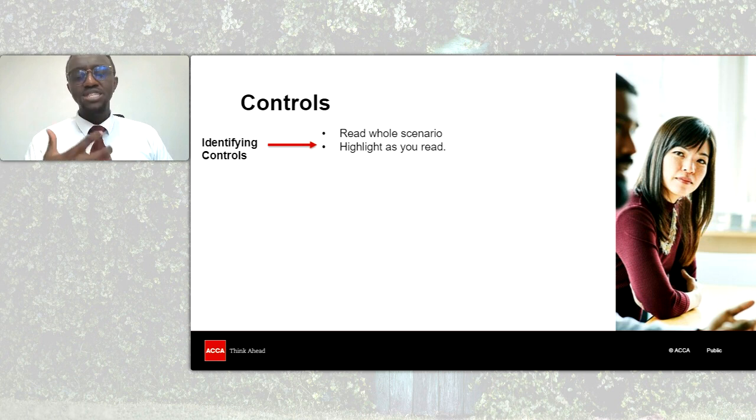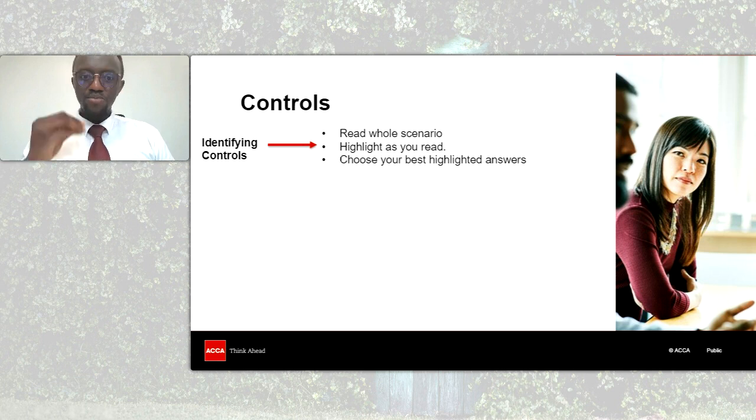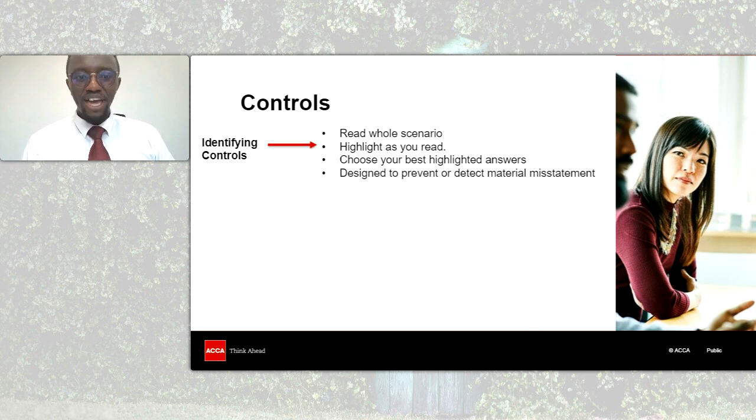So I'll ask myself, how can this prevent or detect and correct fraud, risk, and error? If I can't give an answer to that when I'm identifying, that's not a control. As you read, highlight. Choose your best highlighted answers. Then, from there, remember, these controls are designed to prevent or detect material misstatement.